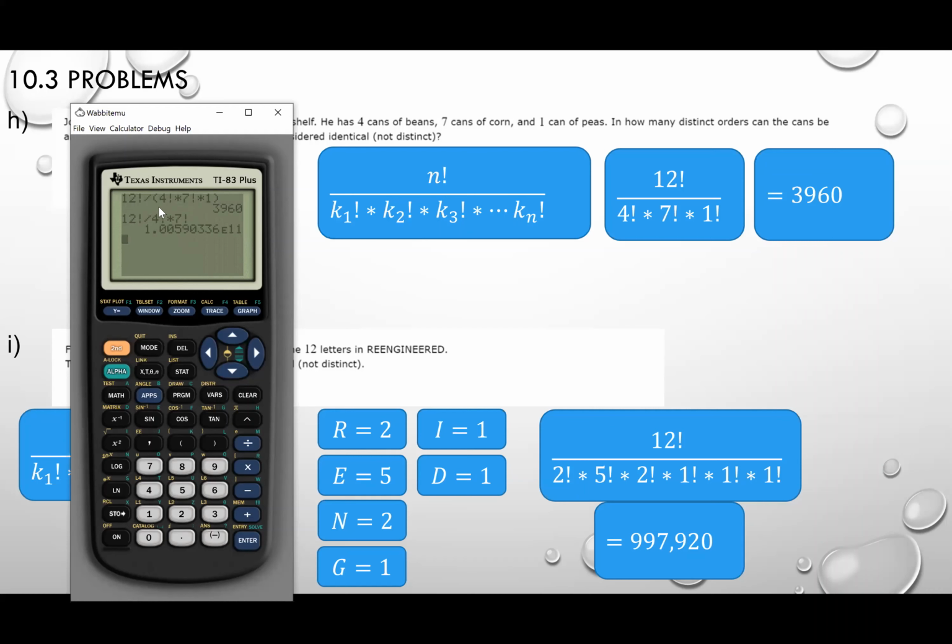So on the denominator, you need to put in the parentheses: 12 factorial divided by open parenthesis, 4 factorial, 7 factorial, and then the 1 factorial.